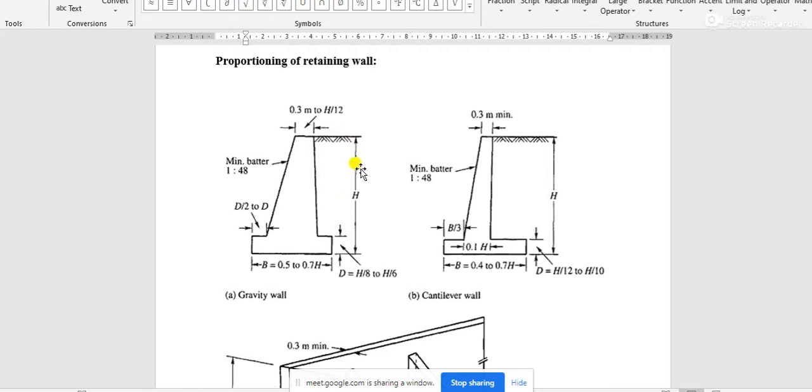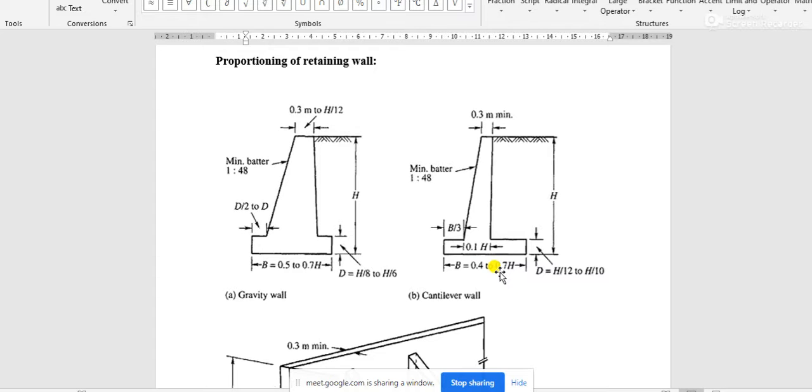Based on that value of h, other dimensions are computed, and obviously those are assumed because there are ranges, that is 0.4 h to 0.7 h, one range for the width of the base slab. That means we have to assume in between these two limits.